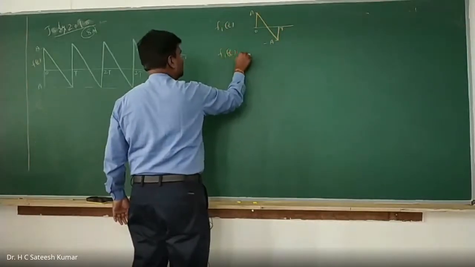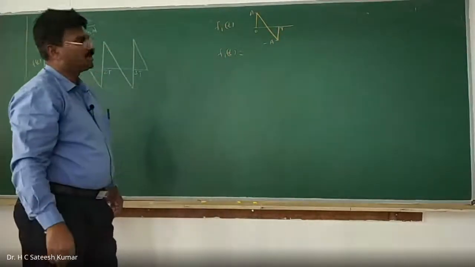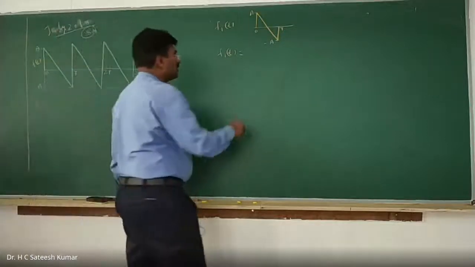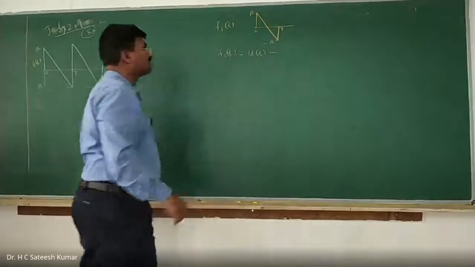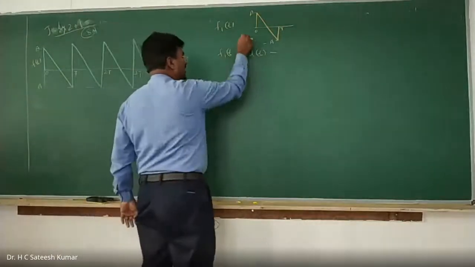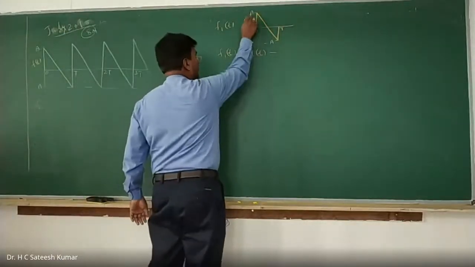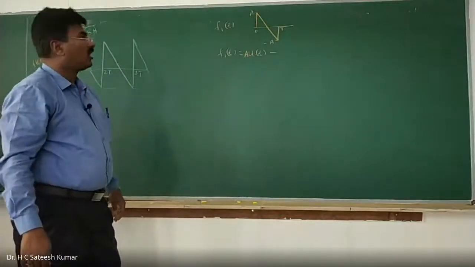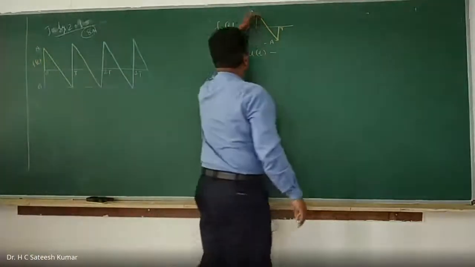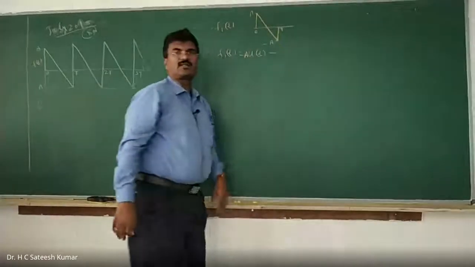f1 of t is equal to up by 1 unit first, that is step, a into u of t, because amplitude is a into u of t. Now, after going up by 1 unit, then you come down as a ramp.